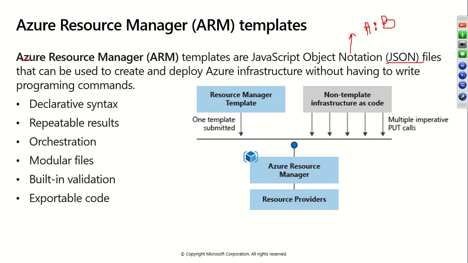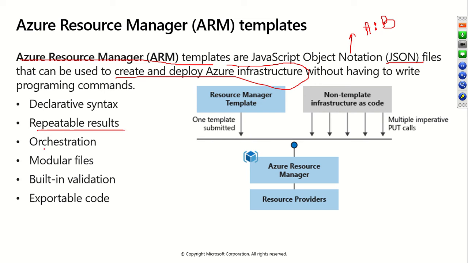So with this, what can you do? With ARM templates, you will be able to create and deploy Azure infrastructure without writing any code. And this ARM template is very declarative. You can declare all the things you want set up, and you can reuse it.